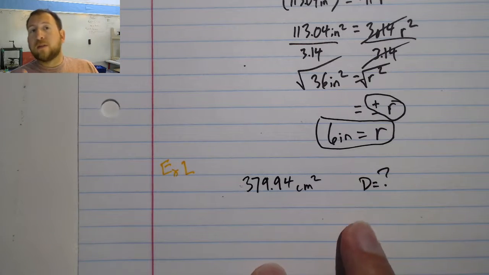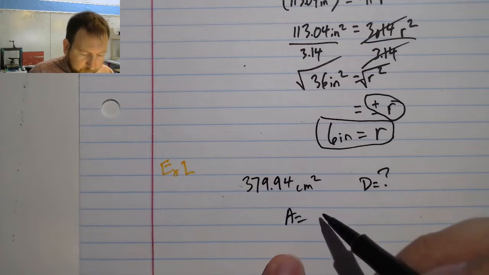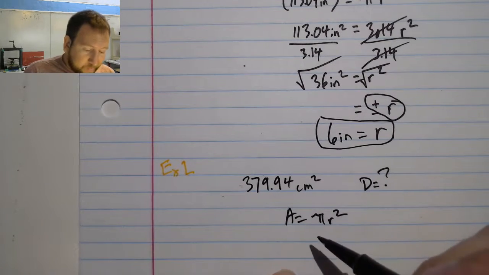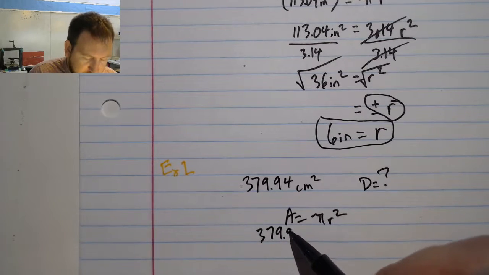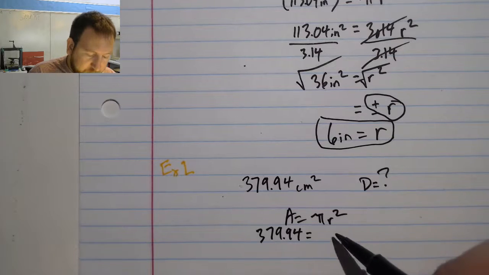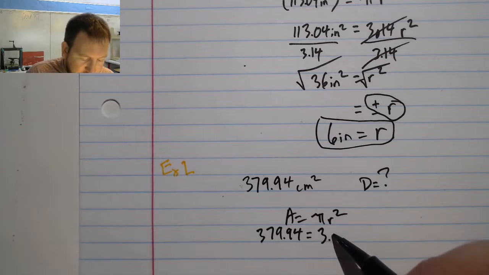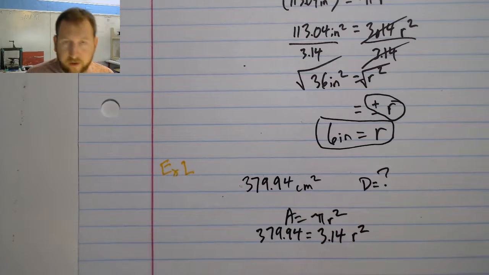So let's go backwards, and we'll start with our area equals pi r squared. Put in what I know. I know that I have 379.94 equals, and I know that I'm going to use it as a decimal, so I'm just going to write in 3.14 times r squared.